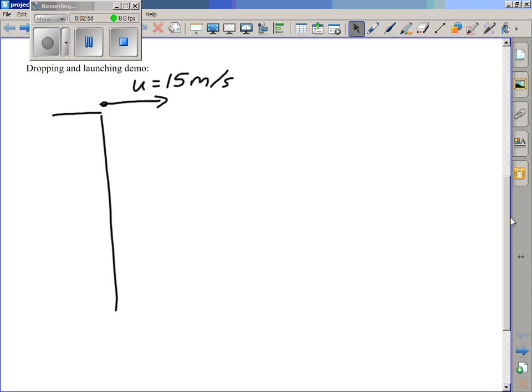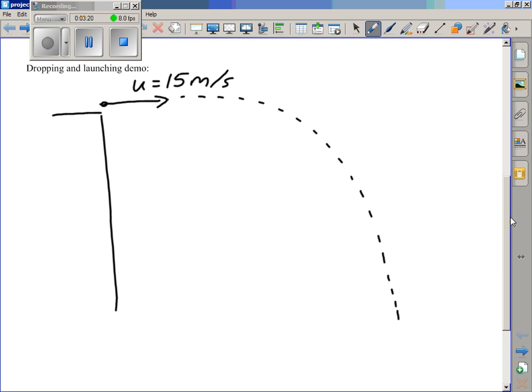A curve downwards, right? It's going to go something like that. That's projectile motion. The curve is going to get steeper and steeper because gravity is pulling and it's accelerating, getting faster and faster in the y, while going at a constant velocity in the x.